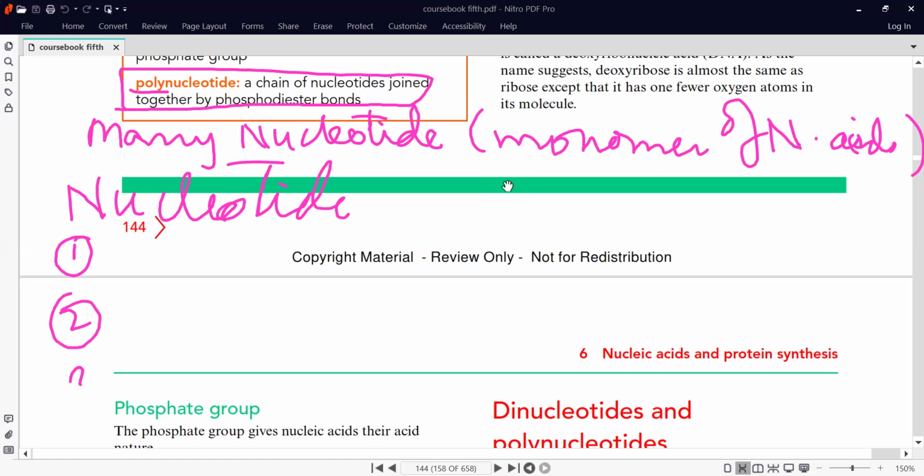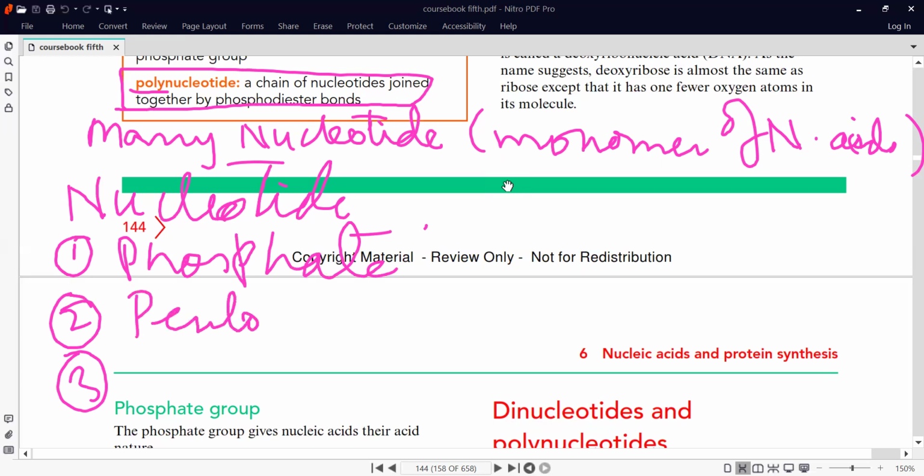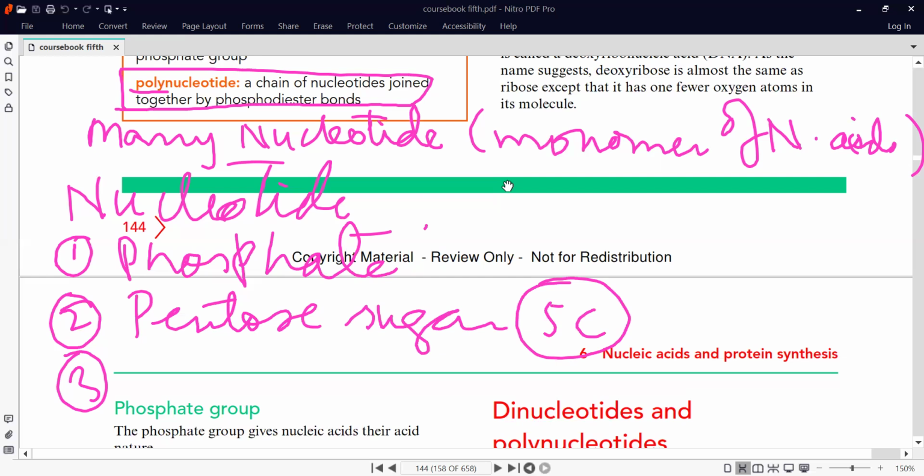And what are the three components? Number one is the phosphate group or phosphoric acid. Number two is the pentose sugar, which means 5 carbon sugar. And number three is the nitrogen containing base.